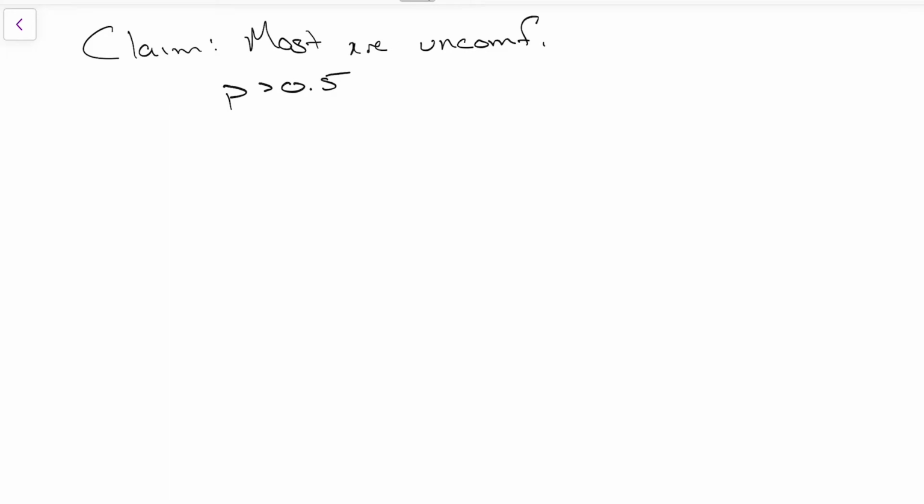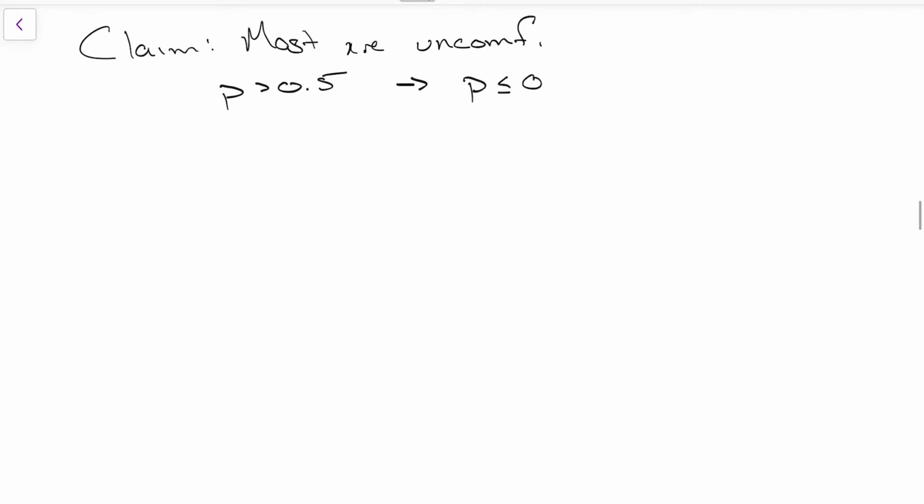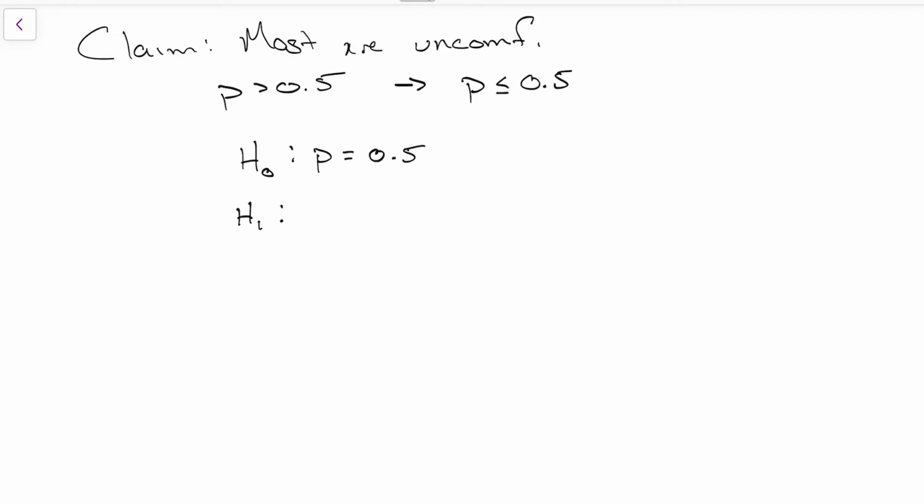And so what we want to do is we want to turn this into the opposite first. That would be P is less than or equal to 0.5. So our null hypothesis will be the case where our parameter P is equal to our value, and our alternative hypothesis will be which of these two does not contain the equality, and for us, that's the initial claim.